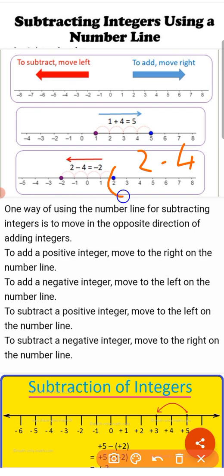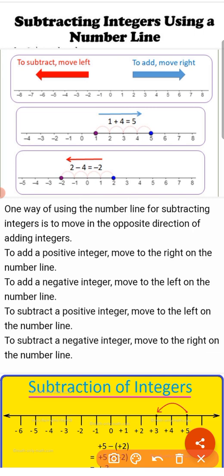Locate 2 first on the number line, then move 4 steps to the left side. 1, 2, 3, 4. This is our answer: negative 2.